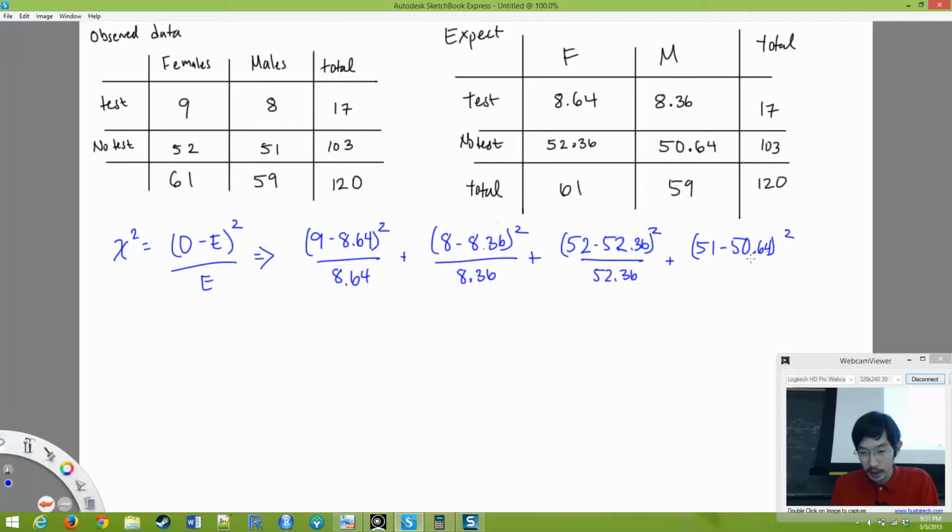A neat little thing is that when you have 1 degree of freedom, the numerators all end up the same. Okay, the denominators are different, but the numerators all end up the same. You have 0.36 squared for each of these. That only happens when you have 1 degree of freedom.